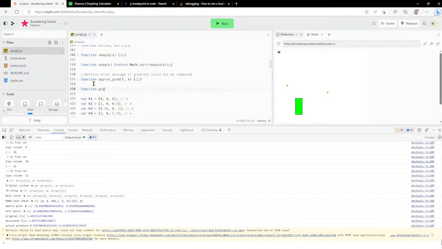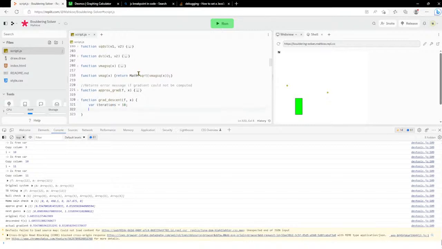So, let's see. Function gradientDescent(f, x). I don't know. Var iterations equals 10. So var xNext is equal to approxGrad of f at x dot next.